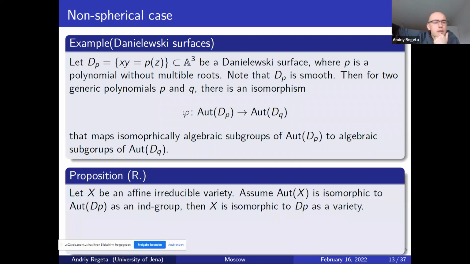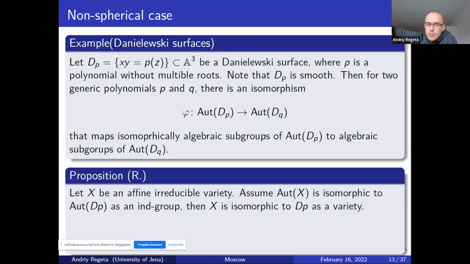Nevertheless, here is a result which will appear next week on arXiv. Let X be an affine irreducible variety and assume that Aut(X) is isomorphic to Aut(dP) as an ind-group. Then X is isomorphic to dP as a variety.